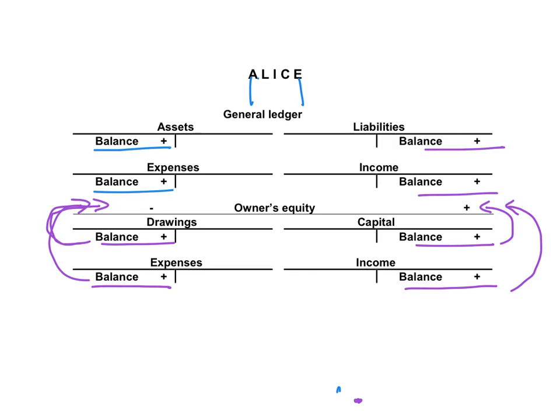Any of these four accounts that affect owner's equity, that means capital, drawings, expenses, income: if we record an entry in any of the four on the debit side, it will reduce equity. If we record any entry in any one of these four on the credit side, it will increase equity.